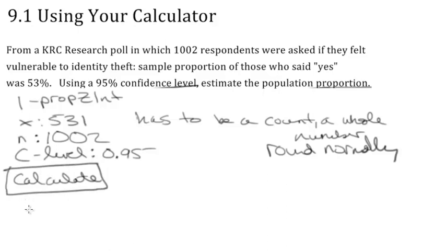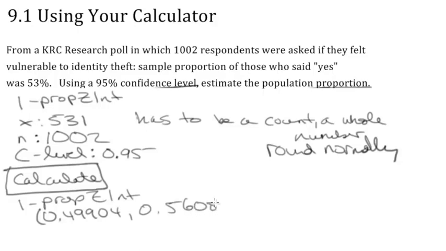And then I'm going to get, oh, hang on a second. Let me see what I'm going to get. Okay, I'm looking at my calculator right now. I'm going to get a whole bunch of information. Once I've hit calculate, it's going to give me at the top of the screen 1 prop Z interval, and then it's going to actually give me the confidence interval, 0.49904 on up to 0.56084.